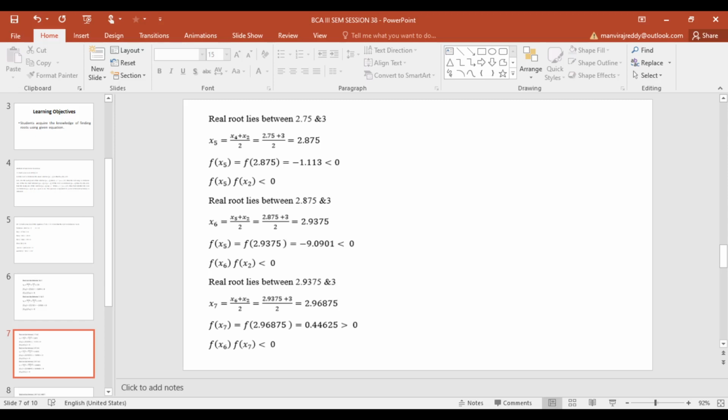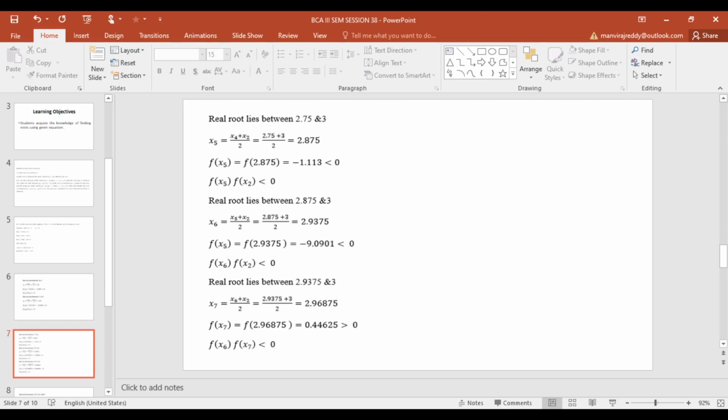2.875 and 3. So in the iterative method again we go for a root, that is x6, that is equal to x5 plus x2 by 2, which is nothing but 2.875 plus 3 whole divided by 2, which is nothing but 2.9375. At that value again we measure the functional value, which is a negative quantity, less than 0.